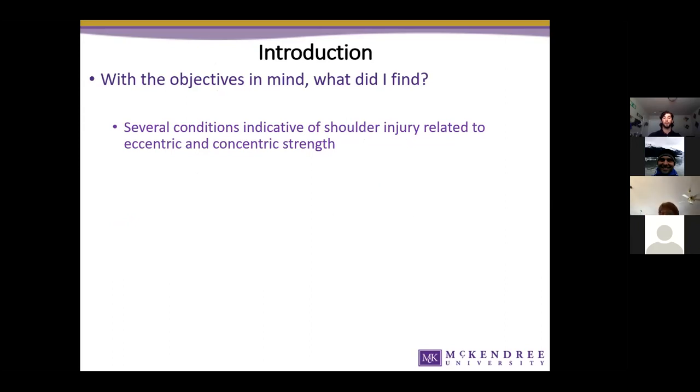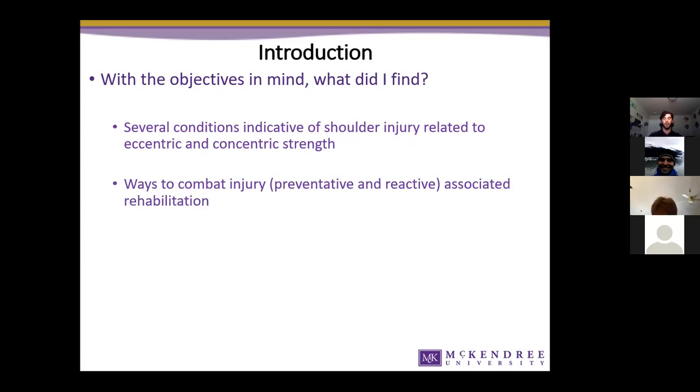I found that there are several conditions indicative of shoulder injury, all of which are related to eccentric and concentric strength of muscles within the shoulder. I found that there are many ways to combat these injuries, both preventative and reactive, all associated with rehabilitation. Some of the main themes were that overcompensation or imbalance can be both good and bad.